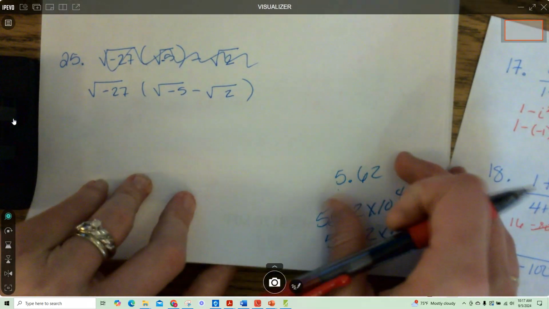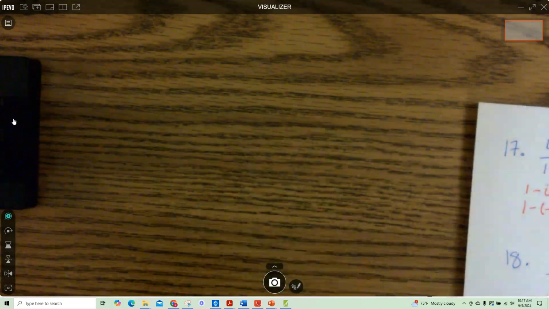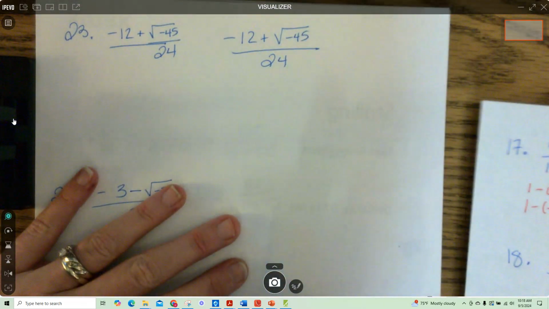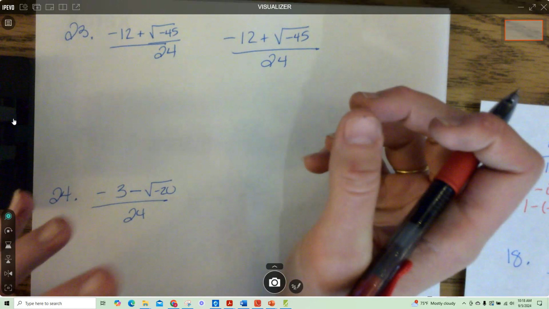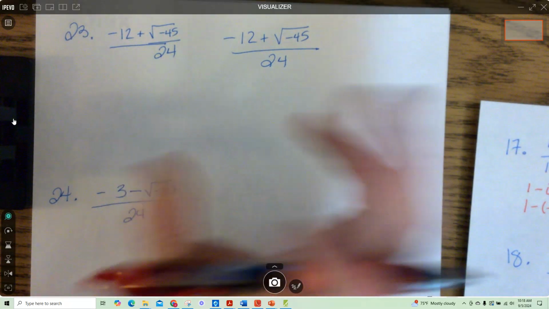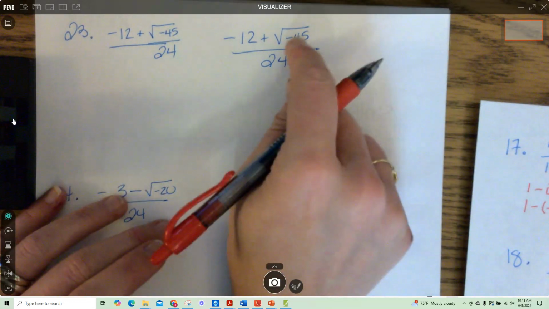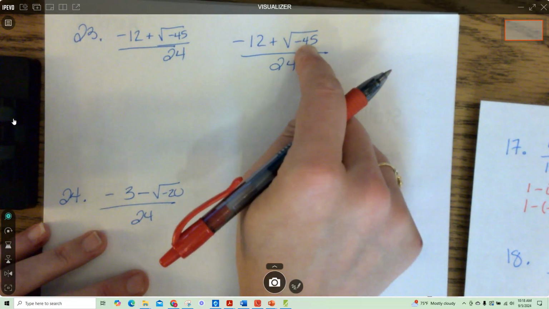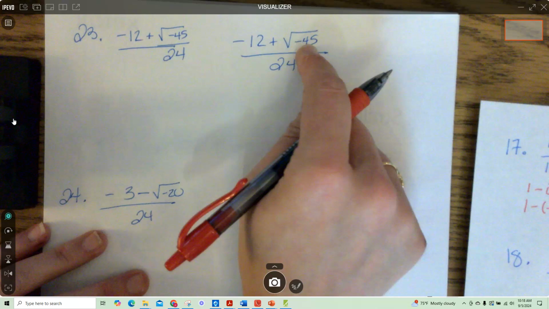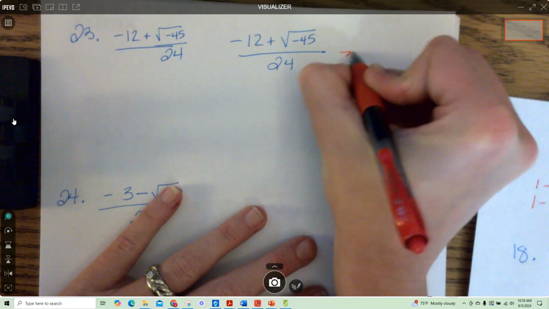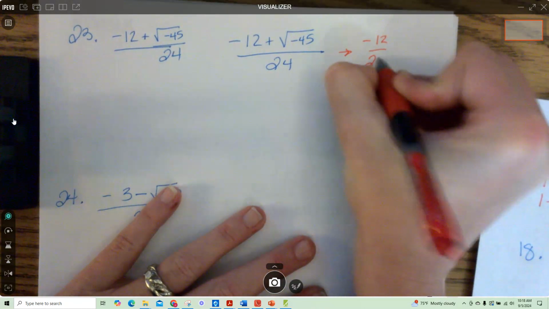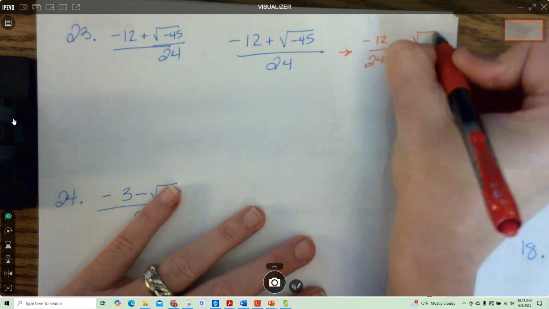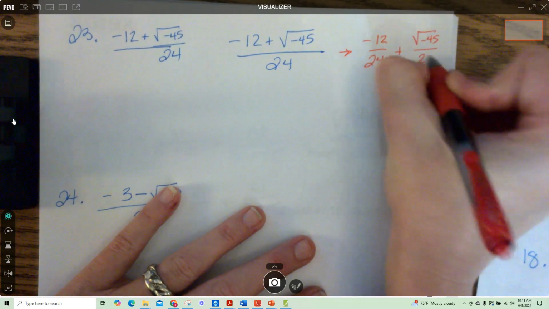All right, same thing on these two. I don't know what he's considering simplified form. So if you've got something in your notes that shows you, I'm going to work through this the best way I know how. I'm going to break this down first. Actually, I'm going to pull it apart: negative 12 over 24 plus the square root of negative 45 over 24.